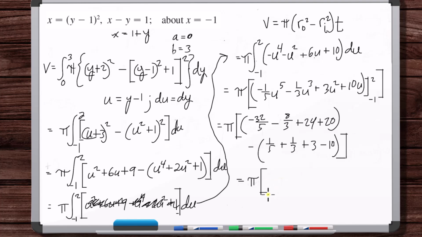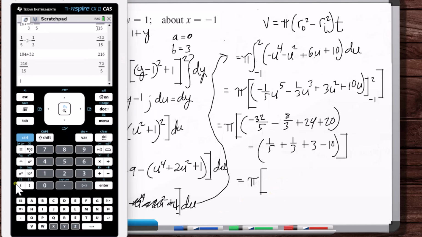So minus 32 fifths, minus 8 thirds, plus 24, plus 20.